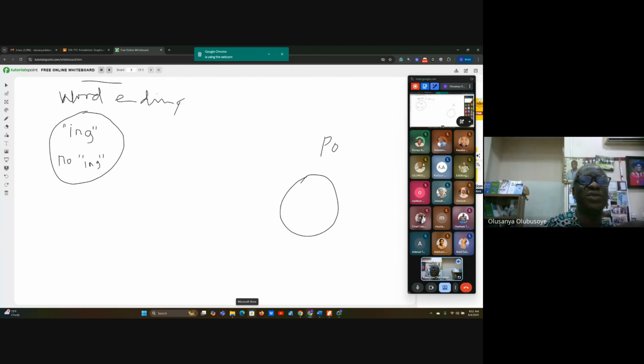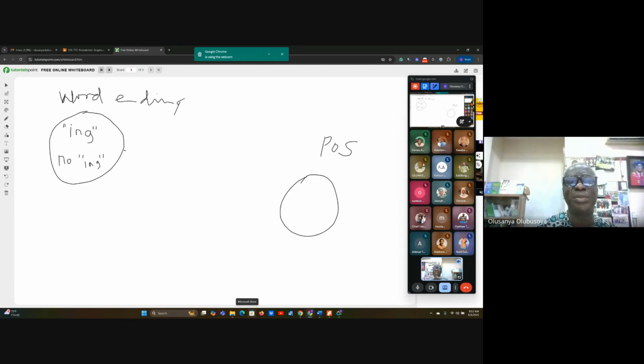If we call this one, for instance, event A or B, and this is POS, ing, we are saying the word ending could influence the part of speech, how the part of speech will change, and the part of speech could change to either noun or verb.